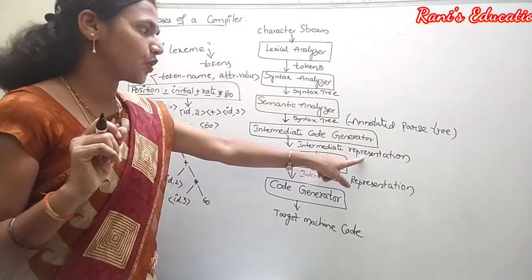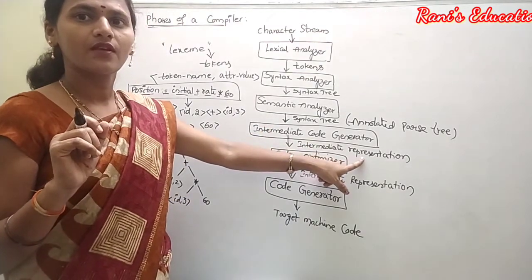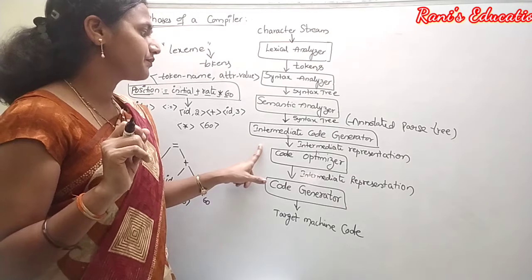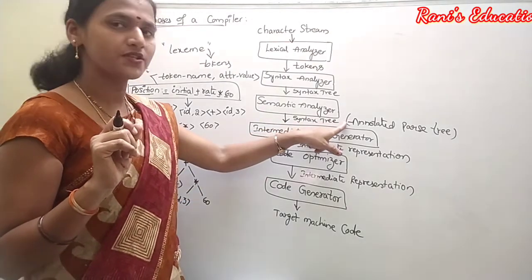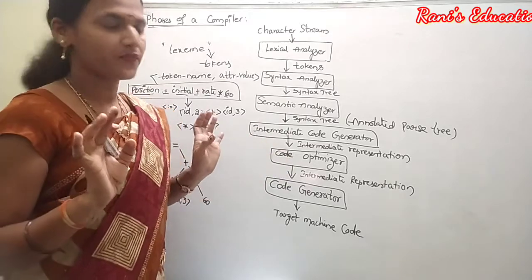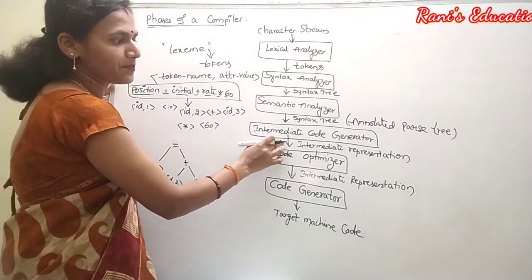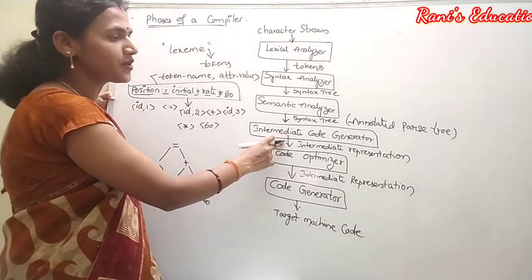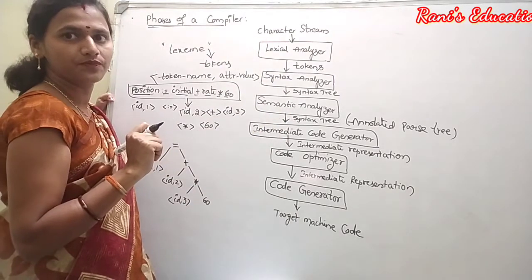In the intermediate code generator, we define the given input, that is the syntax tree, in the form of code. The intermediate representation we consider is 3 address code.